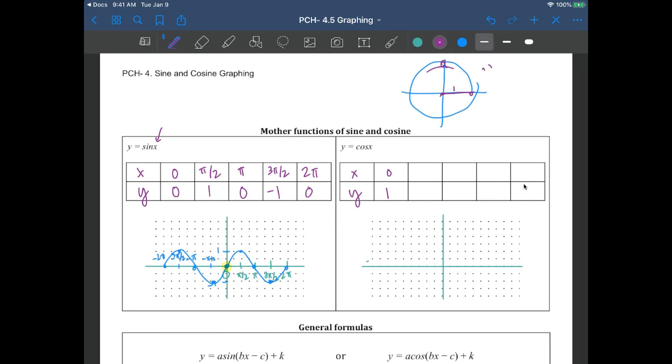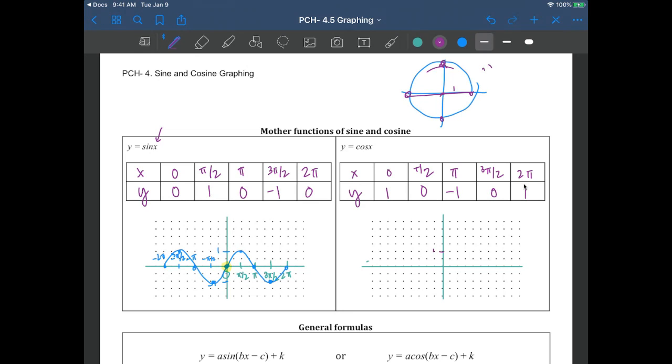When I go up to pi over 2, I am 0 units horizontally from center. When I go out to pi, I'm furthest away from the center, but on the left-hand side. And back to 0 at 3 pi over 2. And then at 2 pi, back to 1.